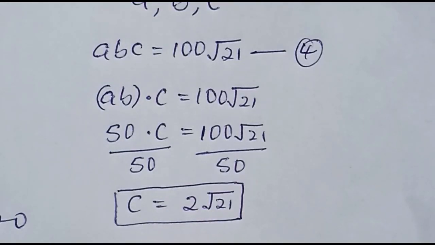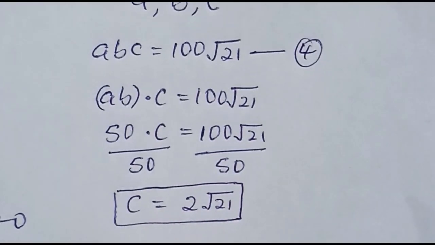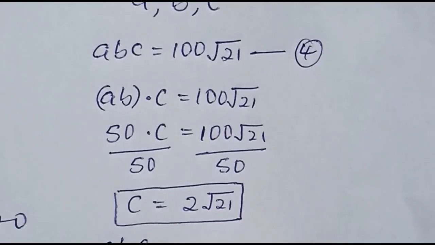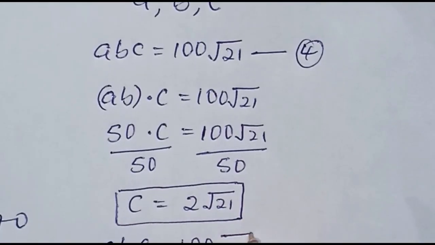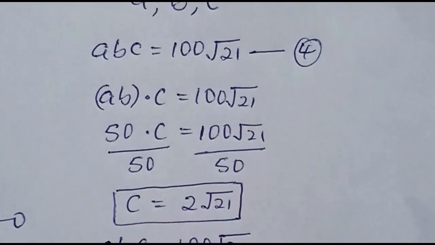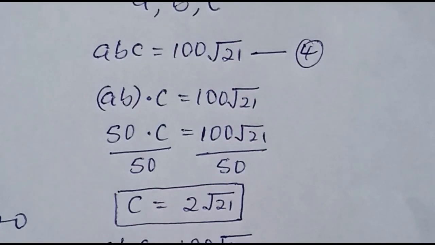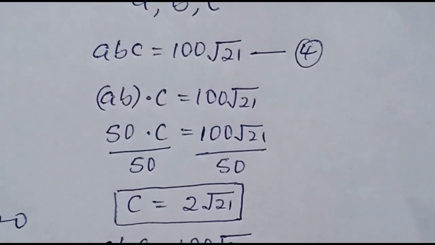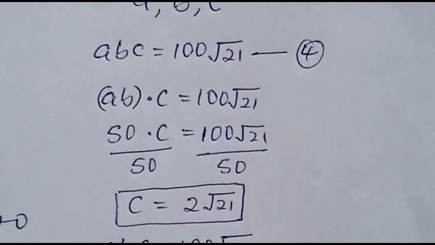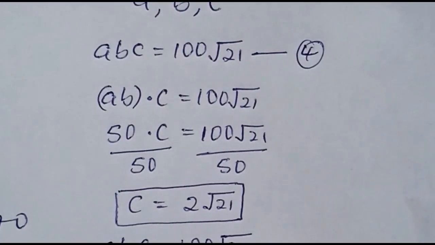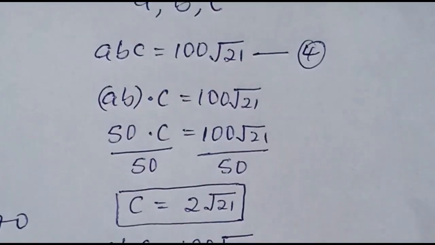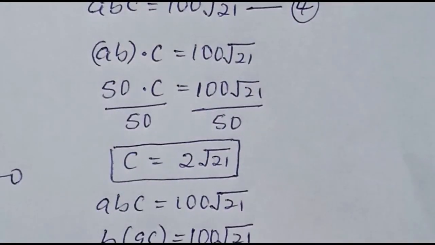So to find the value of B, I also have A, B, C equal to 100 square root of 21. So from our A, B, I can write this as B into bracket AC or CA, whichever one it may be called, equal to 100 square root of 21.